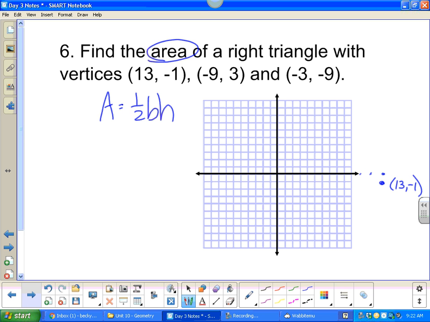And -9, 3. No, that's +9. Let's try that again. -9, 3, and -3, negative 9. Big triangle.